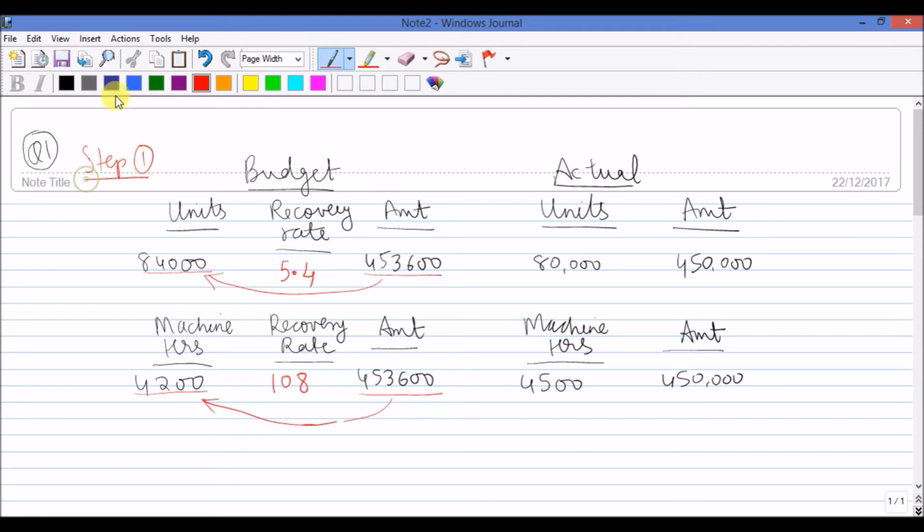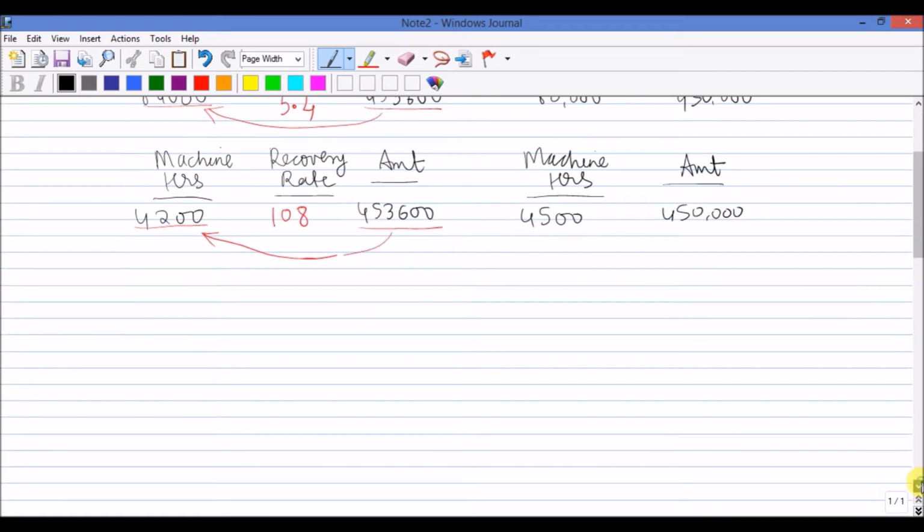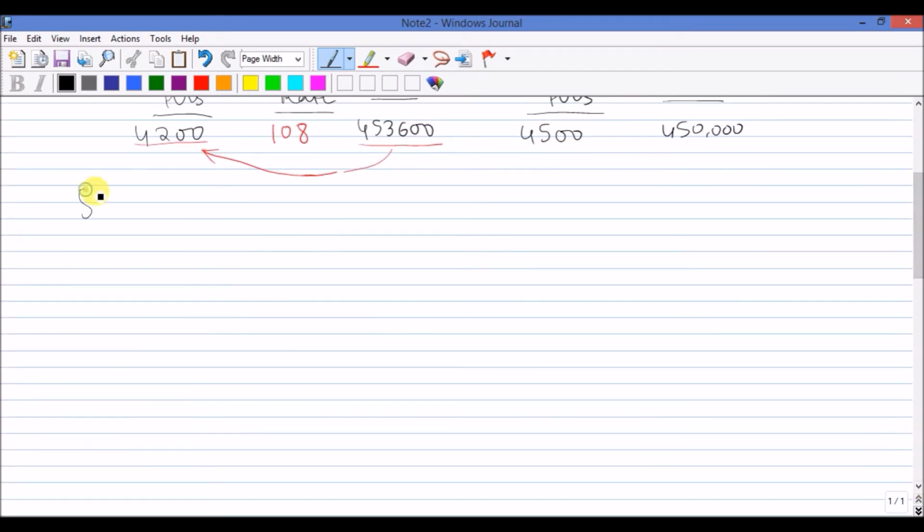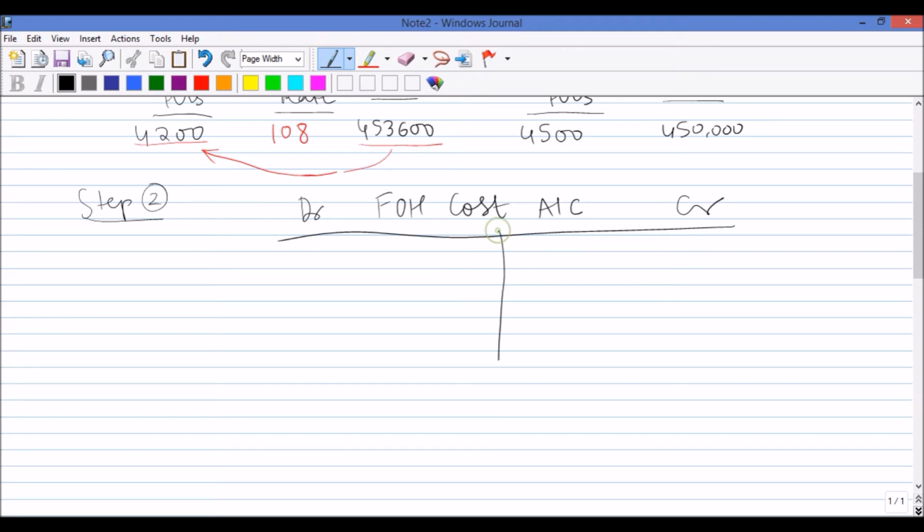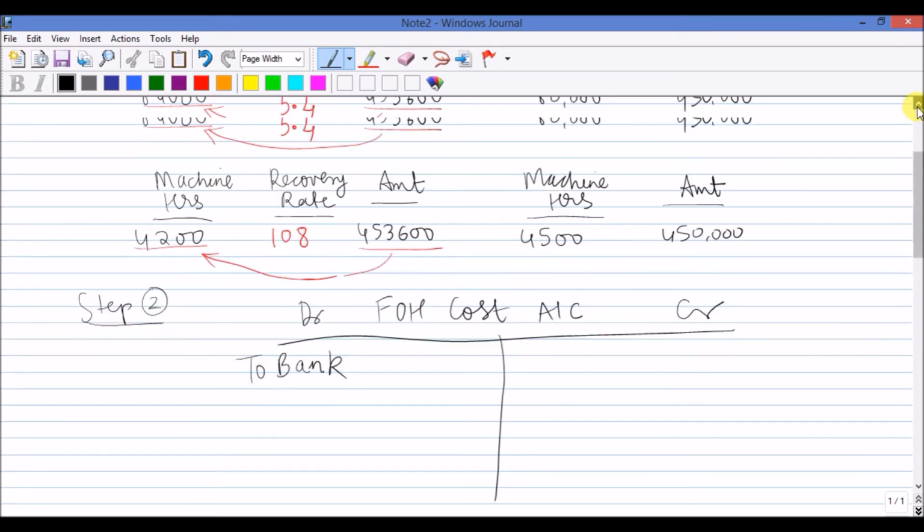Now I'm going to do step 2. So step 2 would be, we have to prepare a ledger account which is the fixed overhead cost account. So this is to book the actual overheads which we have paid.